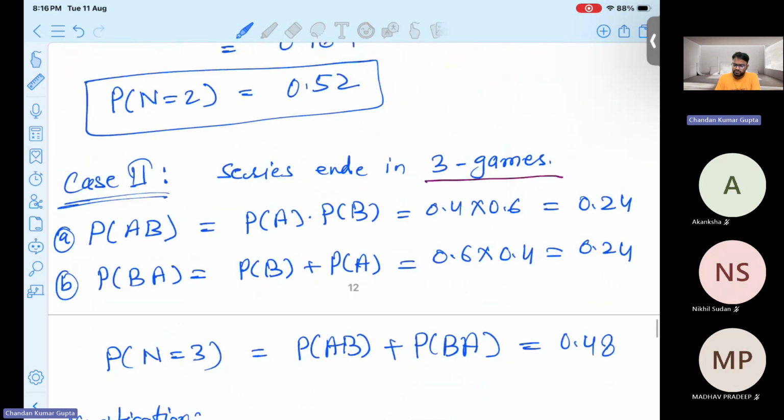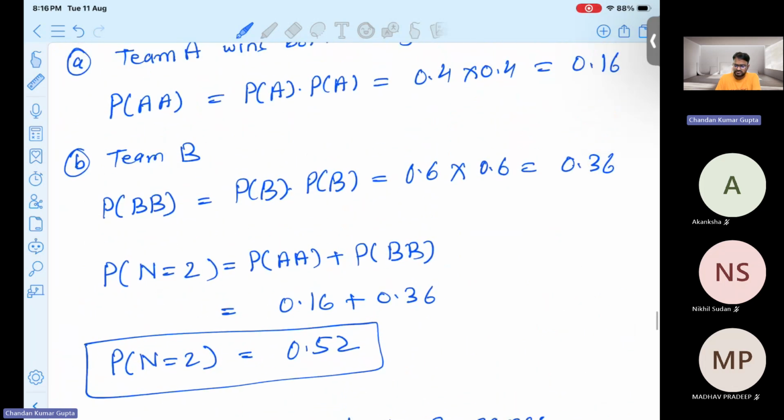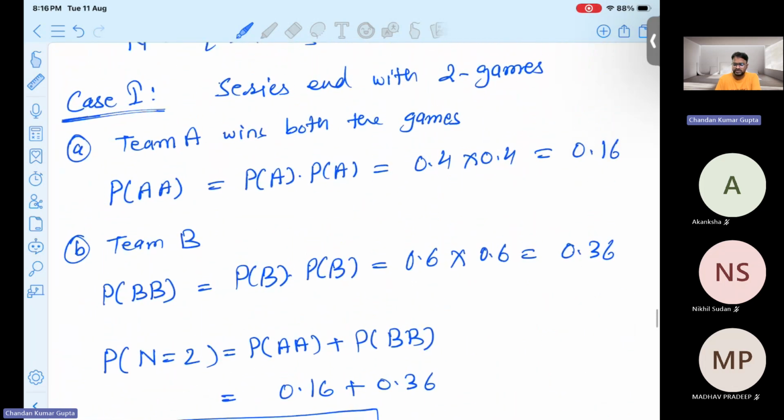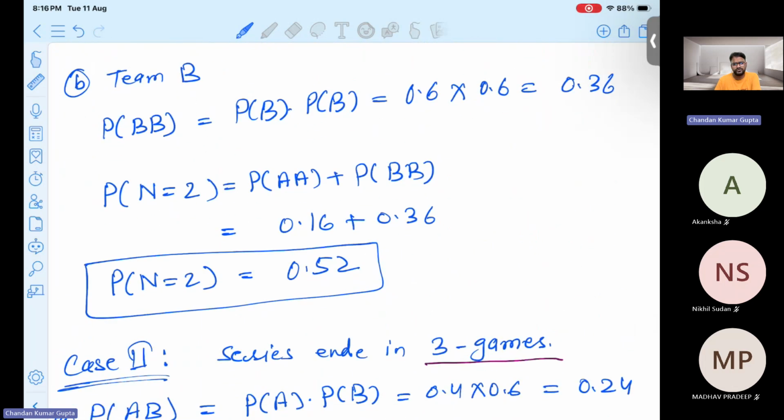Because here, the probability that the series will last 2 games is 0.52, then undoubtedly it will give 1 minus that for 3 games, because there are only 2 exhaustive events for the value of n, n equal to either 2 or n equal to 3. In that case, yes, you are right.